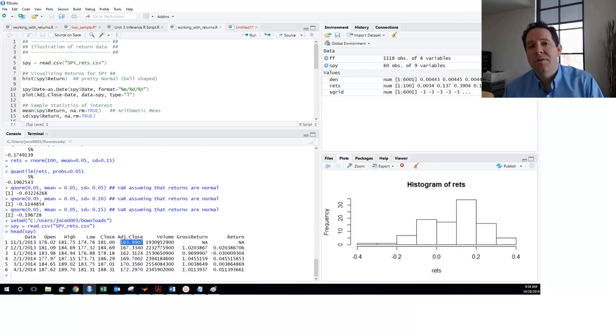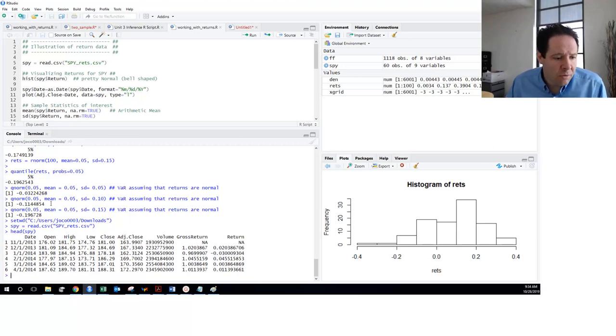This adjusted close accounts for the fact that dividends are paid out in the month-to-month changes in the price. And so when we compute this percentage return of the adjusted close, this gives you, from the investor's perspective, what the holding period return was for that month. We lose 1 month for lack of data, and so we have 59 months of data.